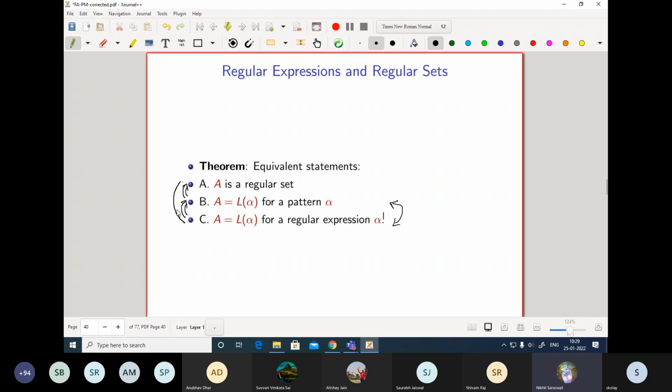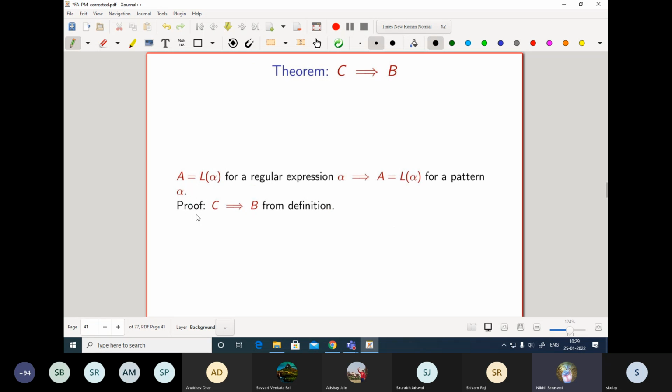And finally, we'll show that if a finite automata exists for A, or A is a regular set, I will always be able to provide you with a regular expression alpha such that A matches alpha. So this is how we will complete the proof of equivalence of these statements. This first one I will assume just from definition.